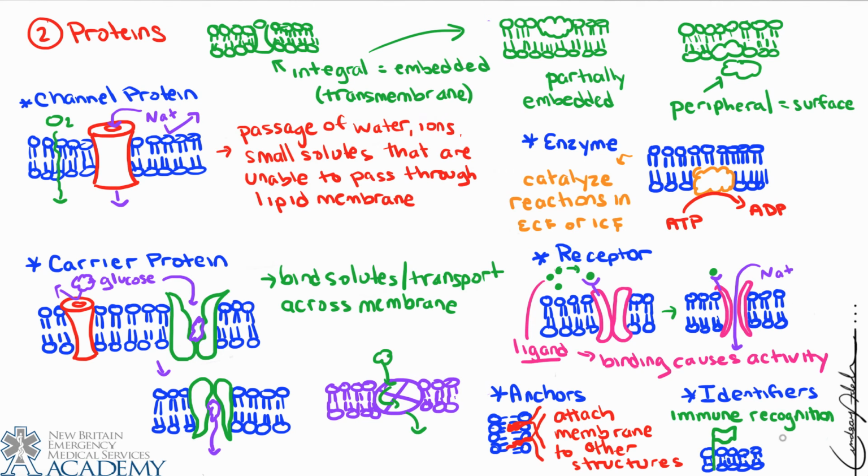So when immune cells are in different body tissues and body fluids, they can pass by a cell and say, oh, yep, they have the flag that belongs to the body, so therefore they're a body cell, they're safe, they're fine. And then conversely, if they find a cell that doesn't belong to the body because it has the wrong flag, then they can be like, oh, you're dangerous, and it will take the steps to mitigate that danger.